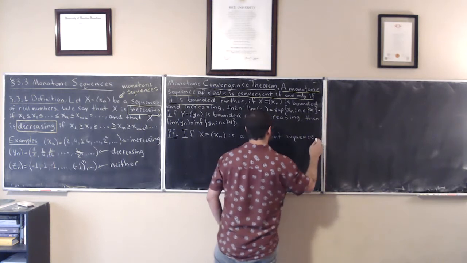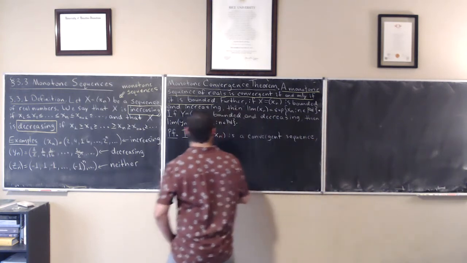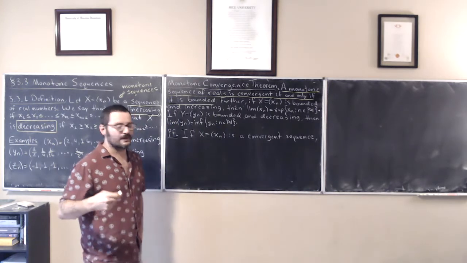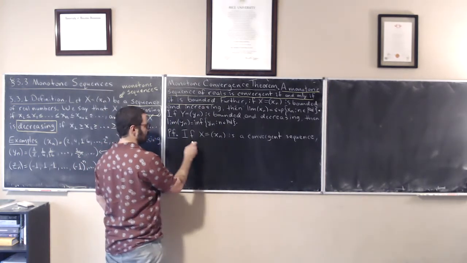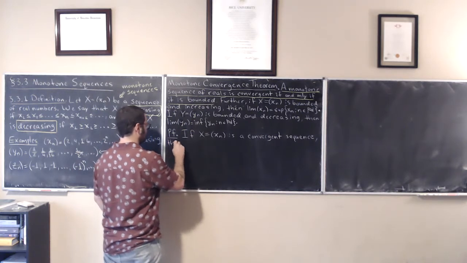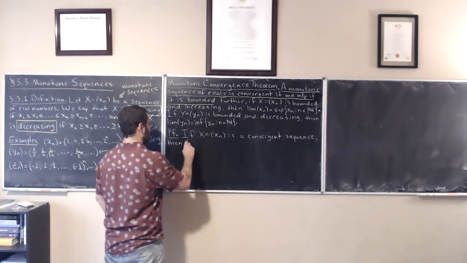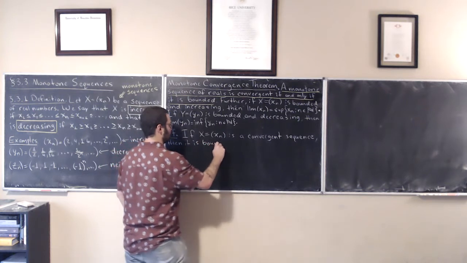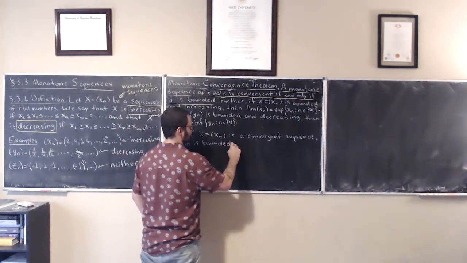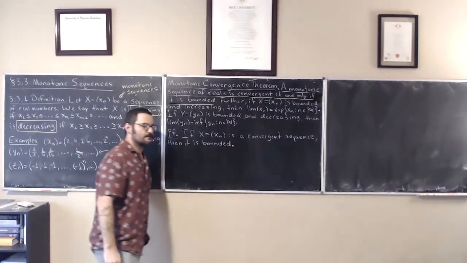We proved that all convergent sequences are bounded previously, so that's part of this result. Okay, so that's the easy direction because we already did the work to do that.